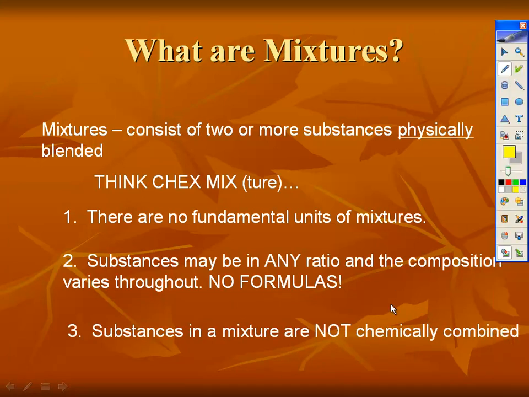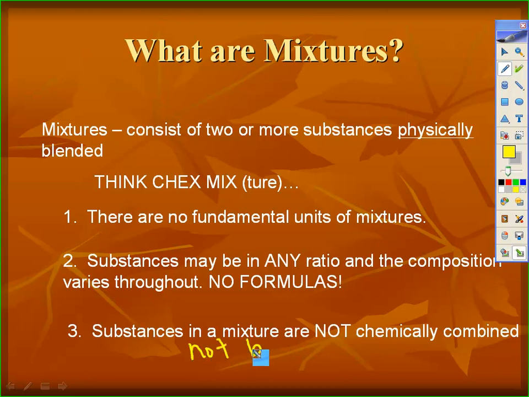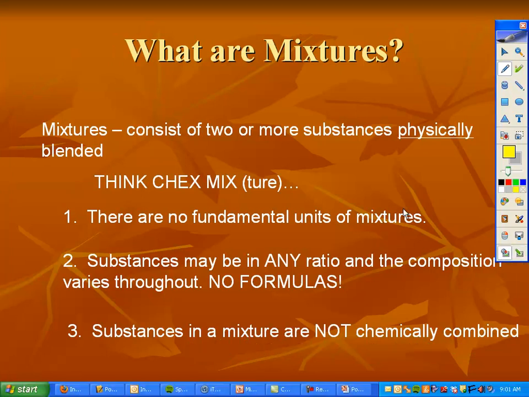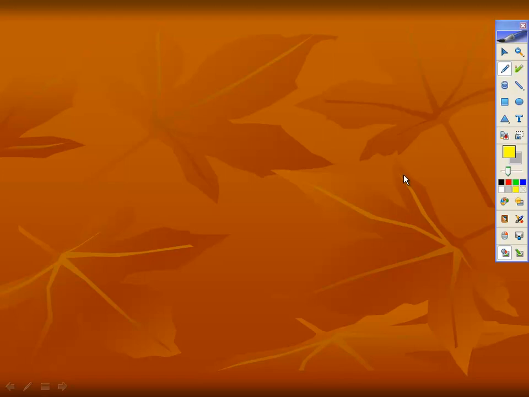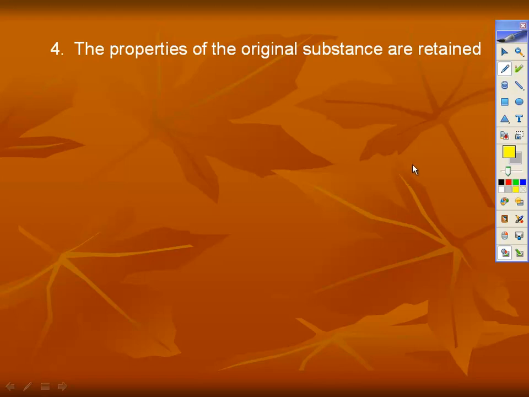Substances in a mixture are not chemically combined. That means they're not bonded together. The properties of the original substance are retained. That means if I look at Chex Mix, I can see the individual pieces that I mixed together.